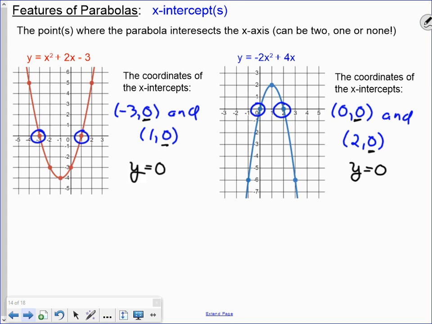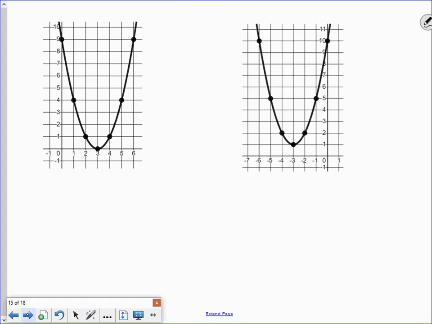What do I mean by it can have one x-intercept or no x-intercepts? Well, I could draw a parabola kind of like this. The one on the left here comes down, turns around. Its vertex is right on the x-axis here. So there's only one x-intercept.